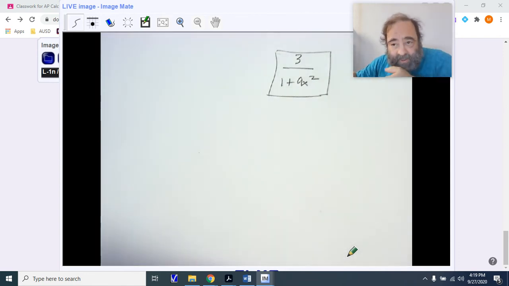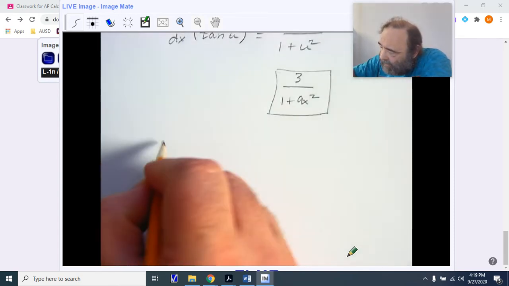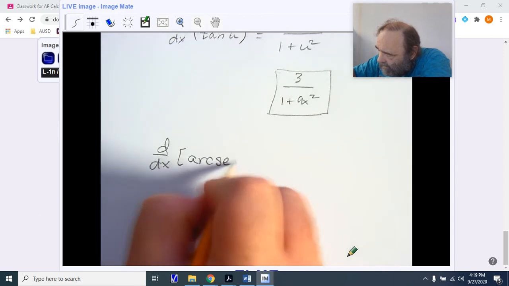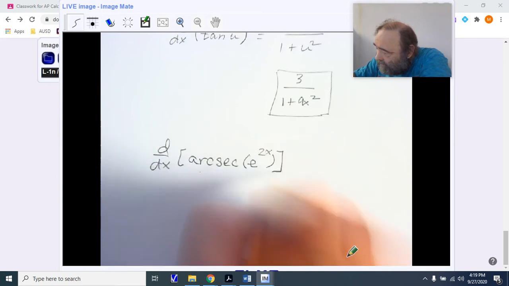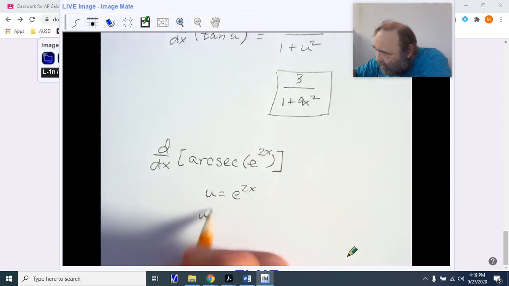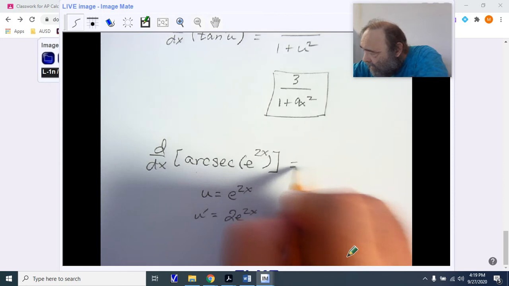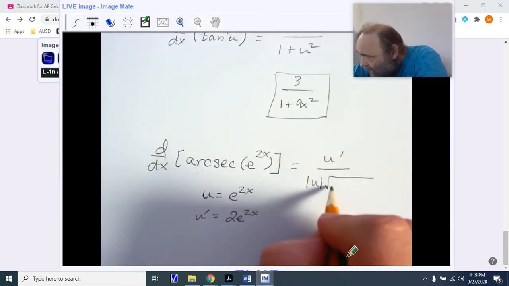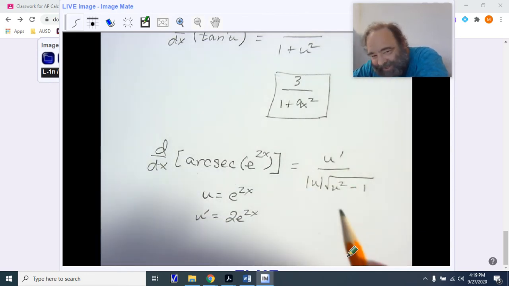All right, let's take a look at another example. We've seen the arc tangent, so let's take a look at an arc secant. d dx for the arc secant of e to the 2x. Now that means that our u value here is e to the 2x, and u prime is 2e to the 2x, which means that when I use the formula u prime over the absolute value of u square root of u squared minus 1, I'm going to do a direct substitution with each of these.